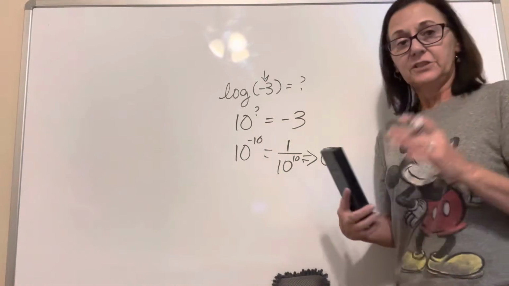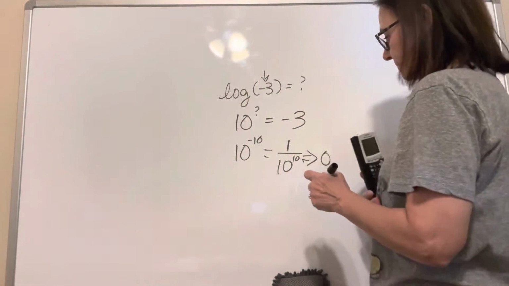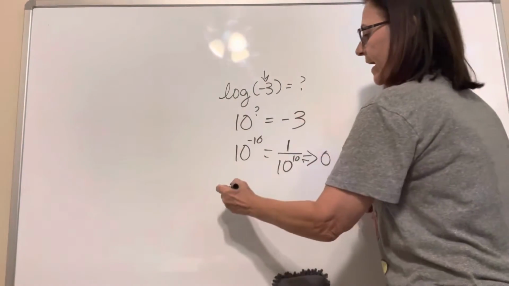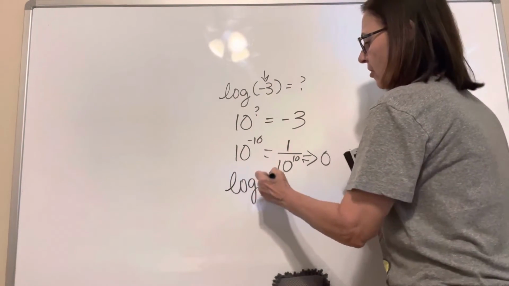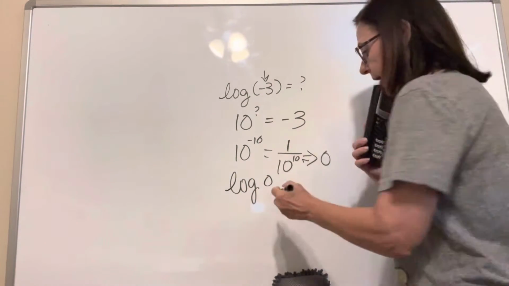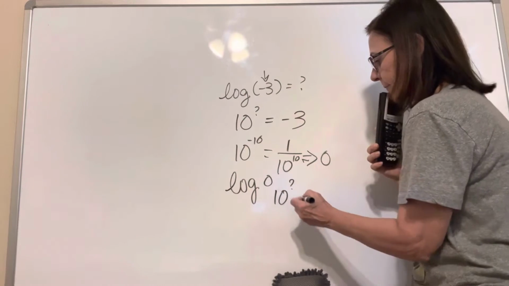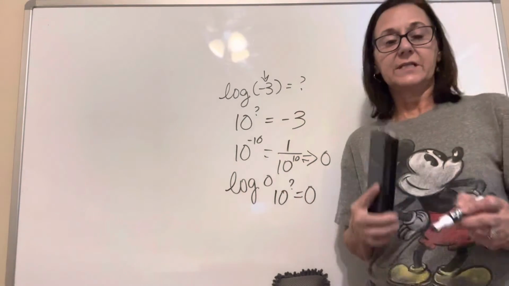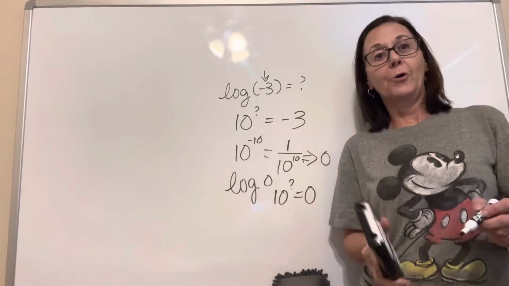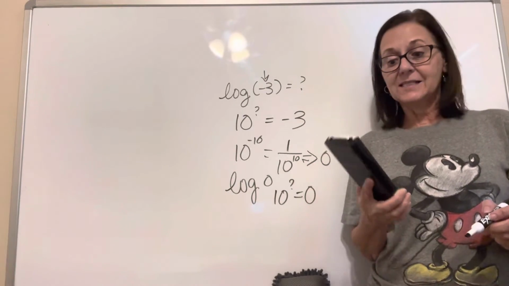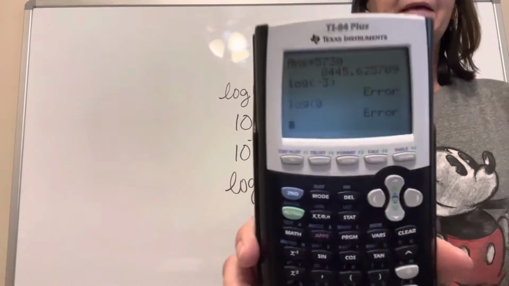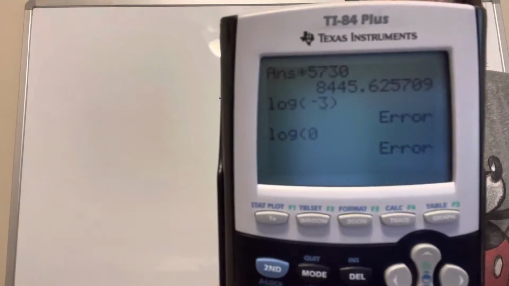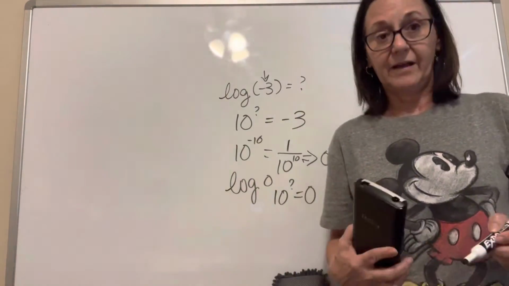So let's make another point here. Can I ever have the log of 0? Can I raise 10 to any power and it ever equals 0? No, the number's just going to get smaller and smaller. By the same token, the log of 0 is undefined.